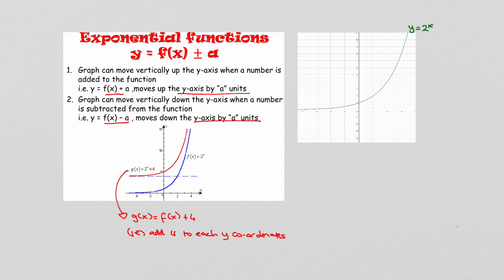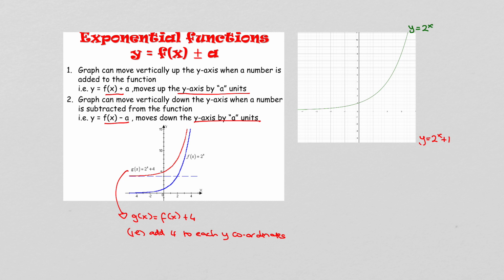So if we wanted to find what y equals 2^x is here, we can see the green graph. And if we want to know what y is equal to 2^x plus 1 is, well, what that means is that y is the original function plus 1.